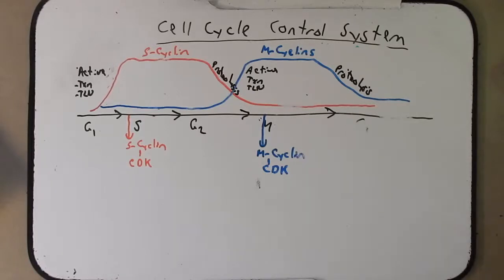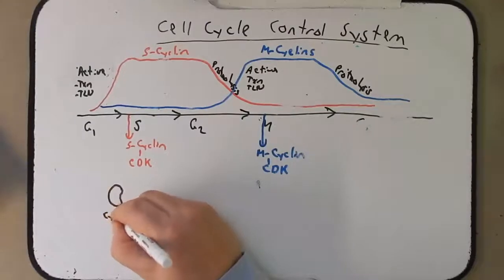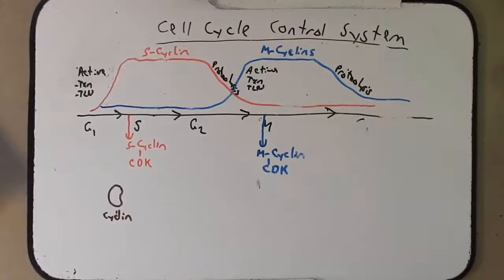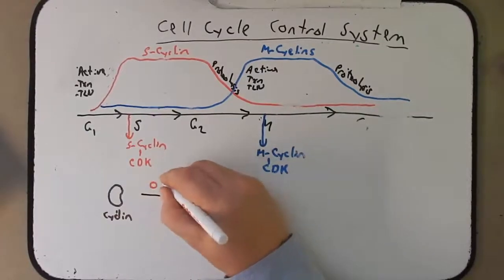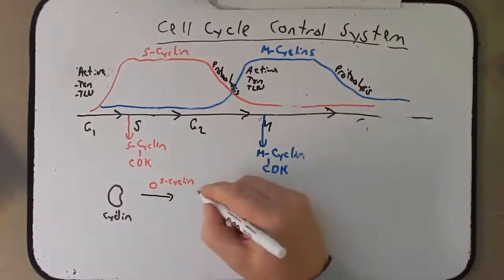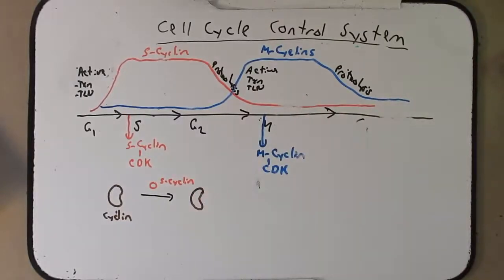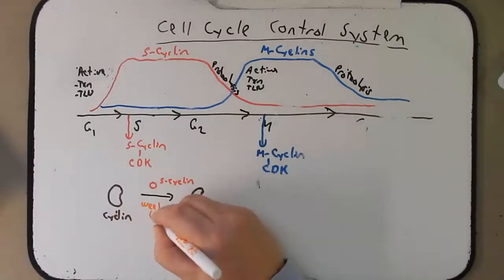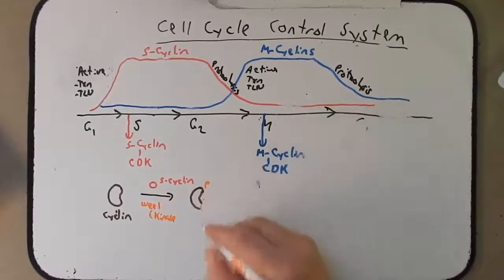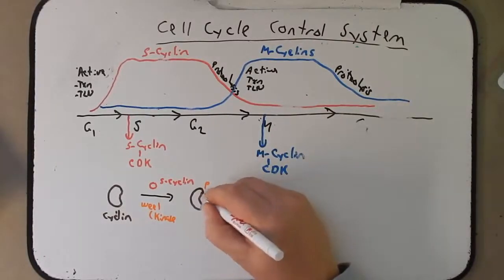So what happens here is that you have our CDK shown here, that's inactive, and in order for it to bind to the S cyclin, the CDK itself has to be phosphorylated. There is this kinase that's called Wee1. It's a kinase, and it will add a phosphate group to the CDK. As it adds that phosphate group, it allows the S cyclin to bind.